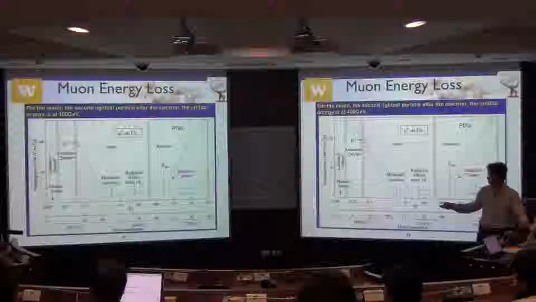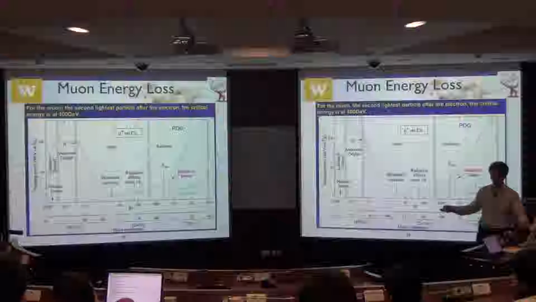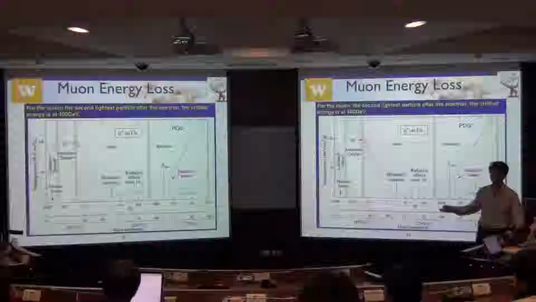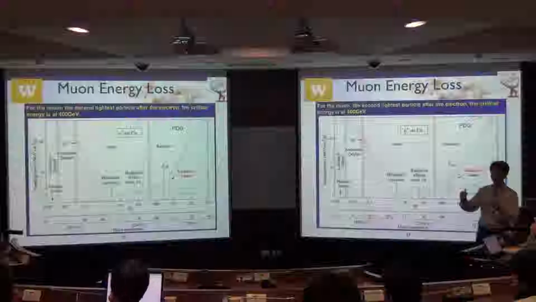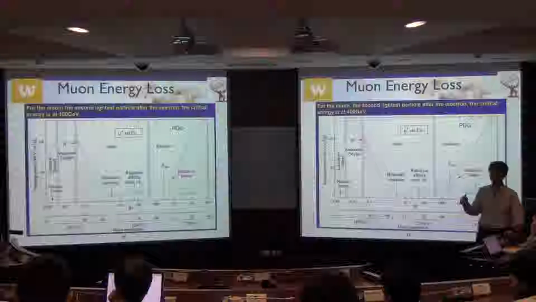So with this kind of energy, the muon usually behaves like a minimum ionizing particle. So they will behave like how an electron ionizes, losing energy.